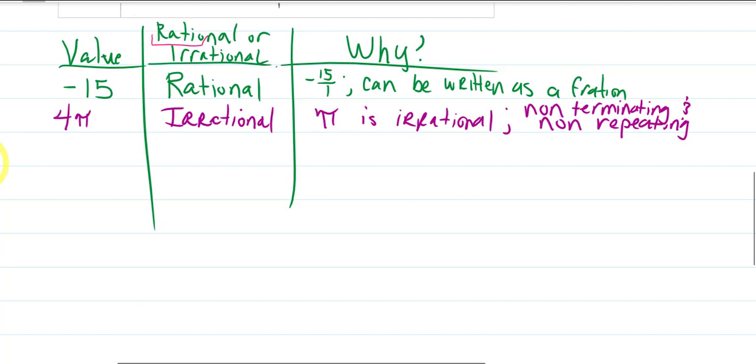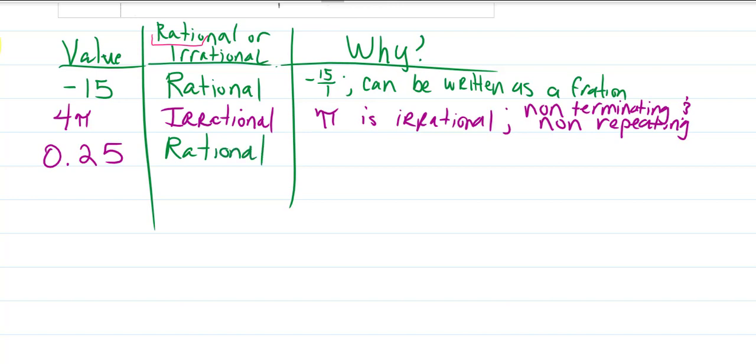So if I were to show you the number 0.25, or 25 hundredths, we know that 25 hundredths is a decimal that ends here at the 5, so it's a terminating decimal, and that would make it a rational number, and it is rational because it is a terminating decimal.